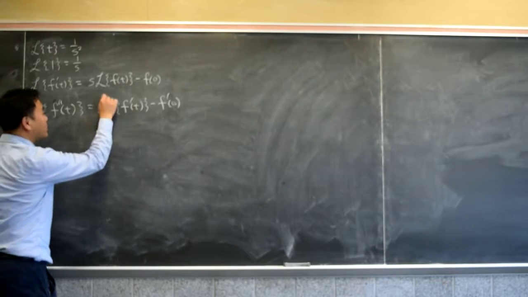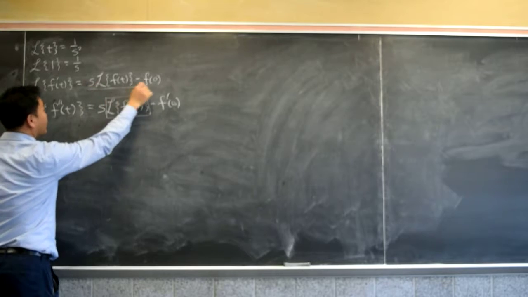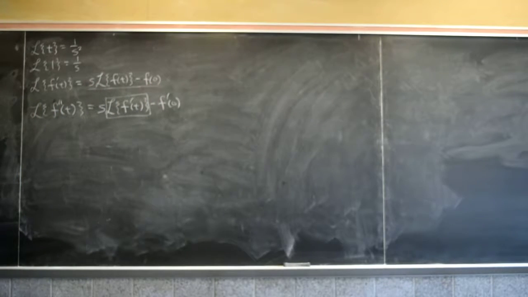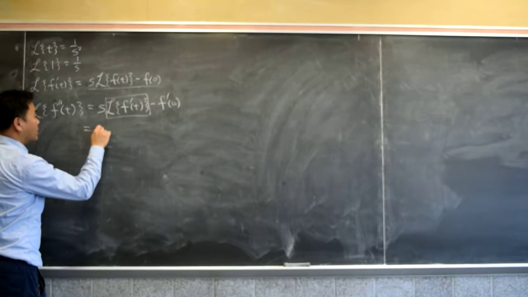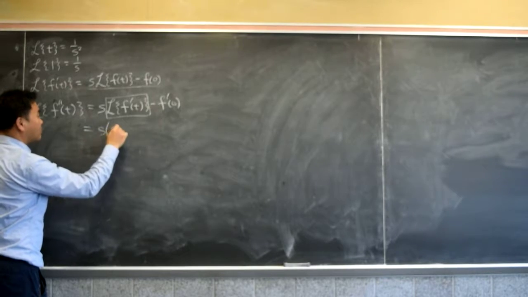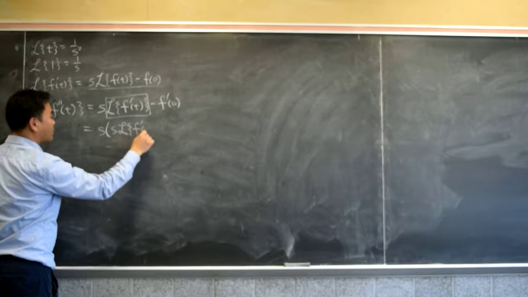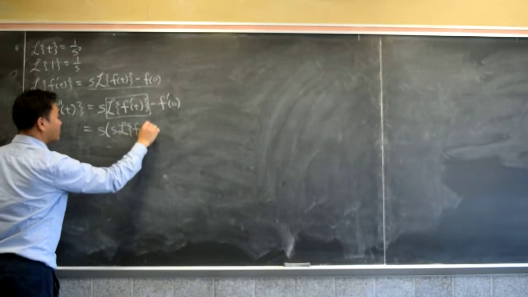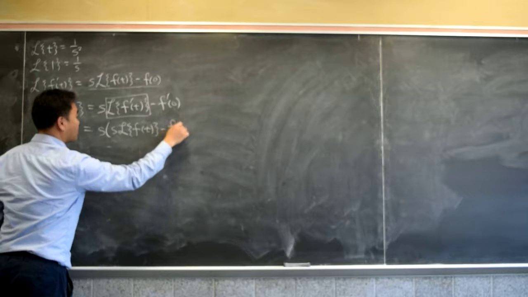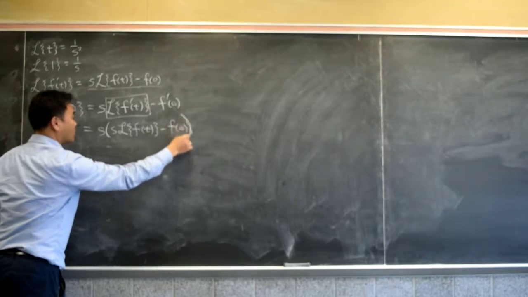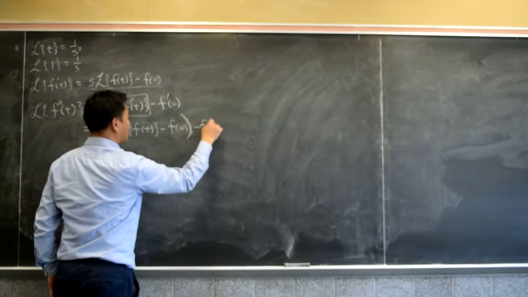But then this one is here, right? So I can again write s times the Laplace transform of f of t minus f of 0 minus f prime of 0.